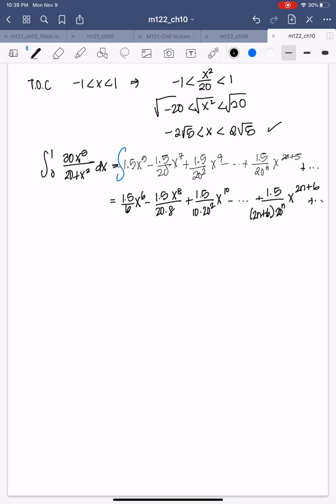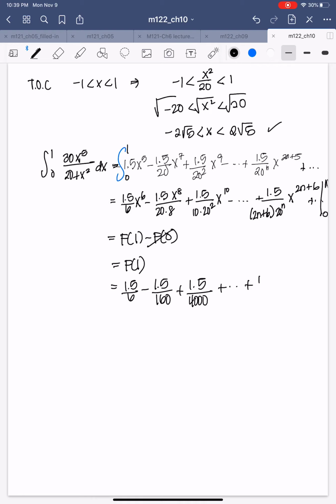Okay, what are my limits? 0 to 1. So I need to evaluate from 0 to 1. Now, fortunately, all the zeros will cancel out. So all I have to do really is f of 1 minus f of 0. But this will be just 0. So I just have to find out f of 1. So plug it in. 1.5 over 6, and then 1 to the 6th power is just 1. 1.5 over 160. 1.5 over 4,000.